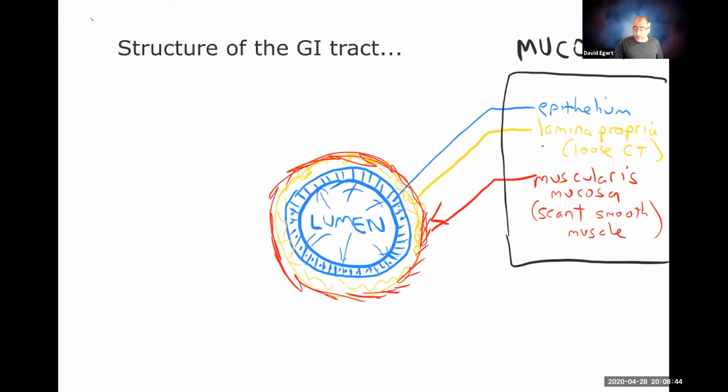And then the muscularis mucosa, kind of a thin layer of smooth muscle that can let it wrinkle up a bit. Below that, what's going to be just underneath the mucosa? The submucosa. Exactly, the submucosa.